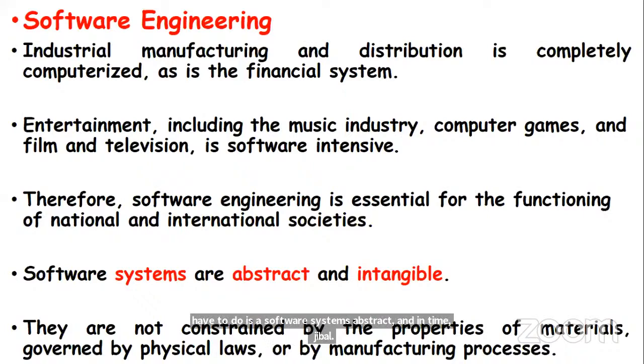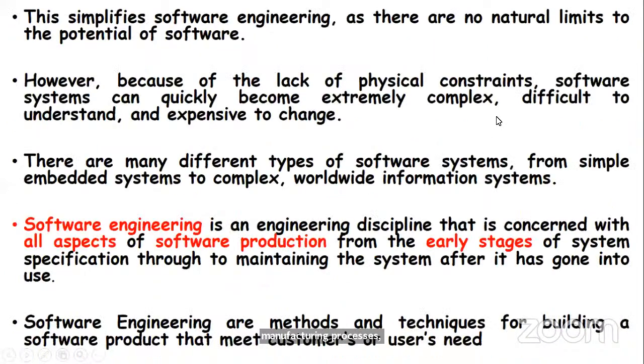Therefore, the laws governing them do not have the constraints that guide the physical laws of manufacturing processes, where they tell you what to do, you add this and this. However, for software engineering, you could have something that is flexible enough, following some processes. So this simplifies software engineering as there are no natural limits to the potentials of software.